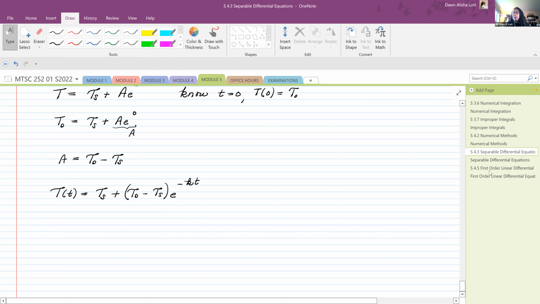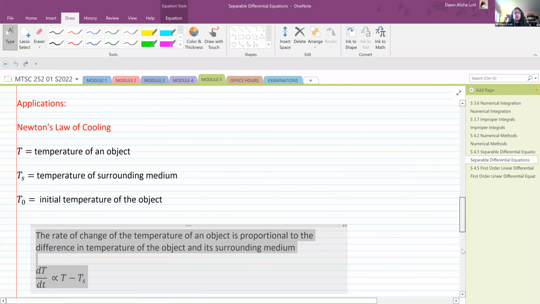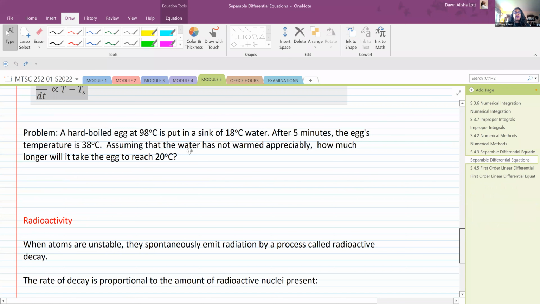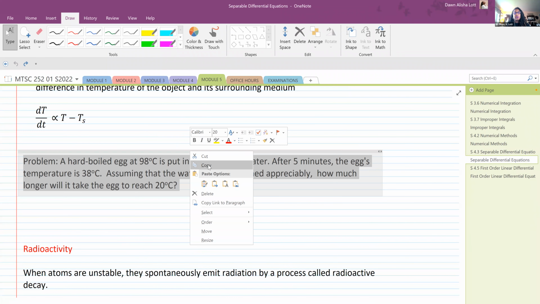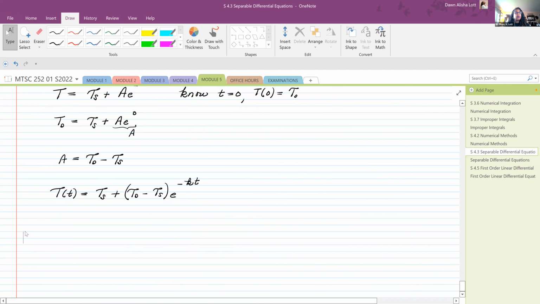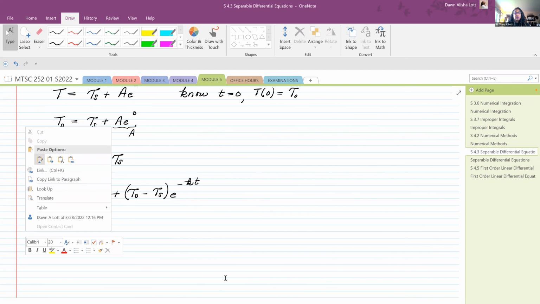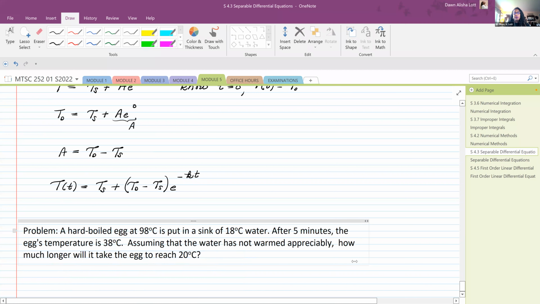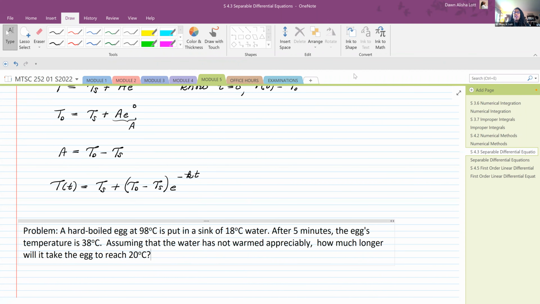Okay, so let's use that to solve this fun problem. We have a hard-boiled egg. It's 98 degrees Celsius. It's put into a sink of 18-degree-Celsius water.